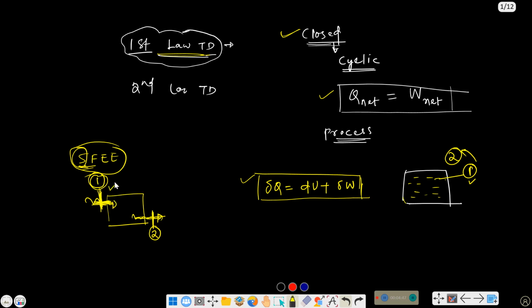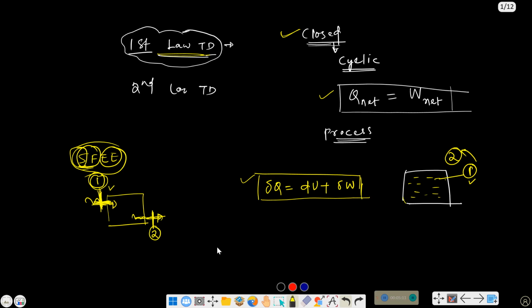Okay, so let me tell it again. Steady flow simply means the properties at any section do not change with respect to time. Right? So in this particular condition, the energy equation we get is the steady flow energy equation, right?